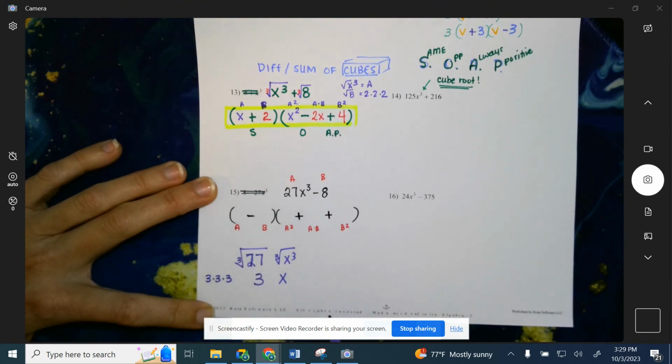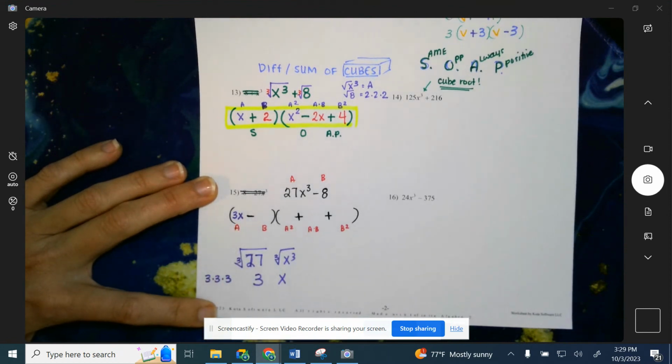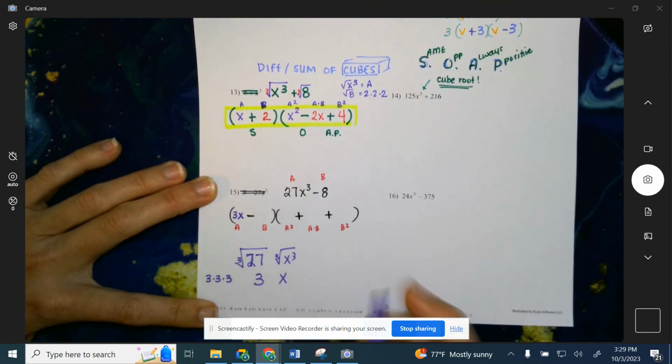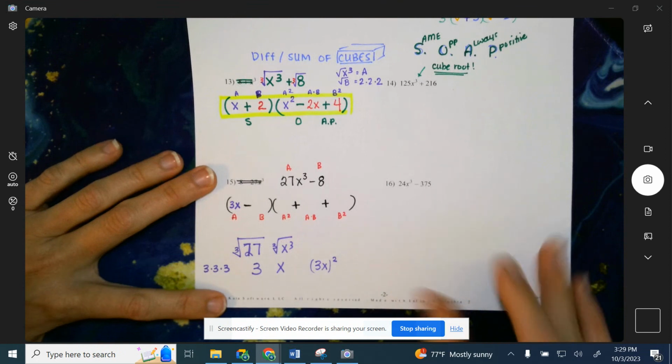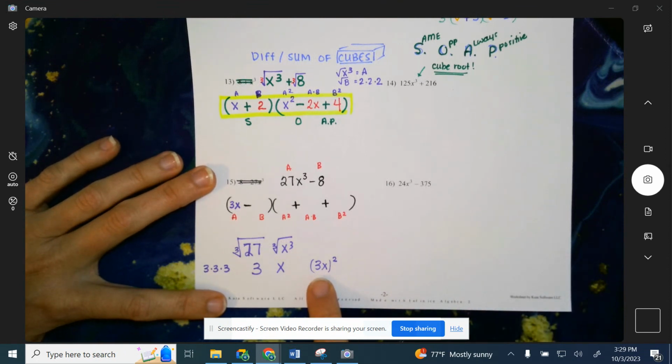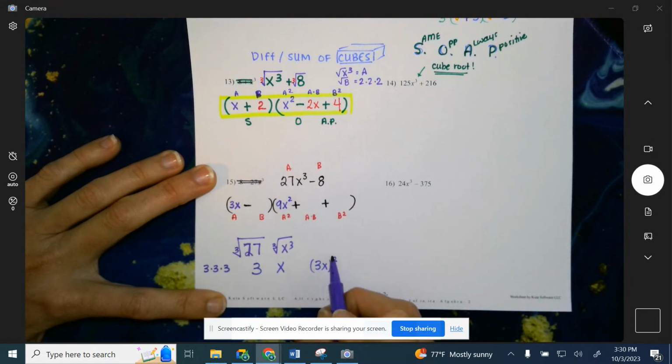So the answer is 3. So it's going to be 3x for our a. A squared is (3x) squared. Depending on where you're doing this, more times than not, they will not leave it like this. It will be 9x squared. They will go ahead and square the 3 and square the x.